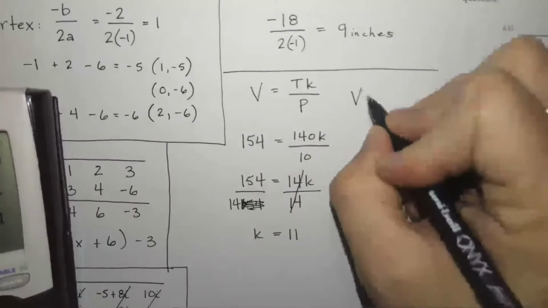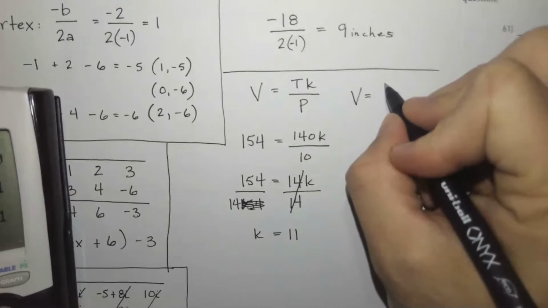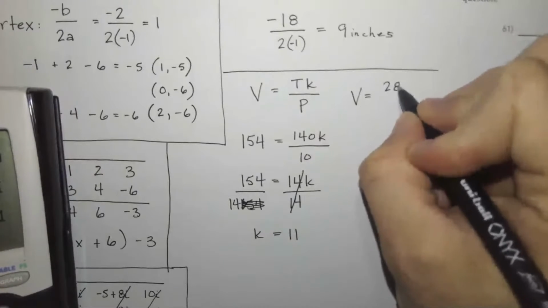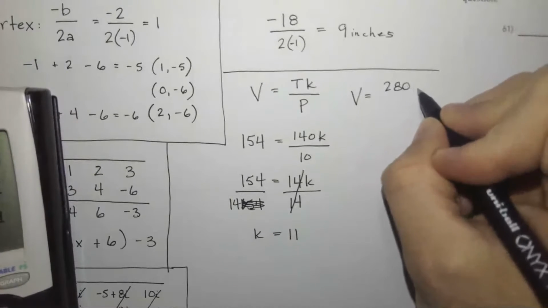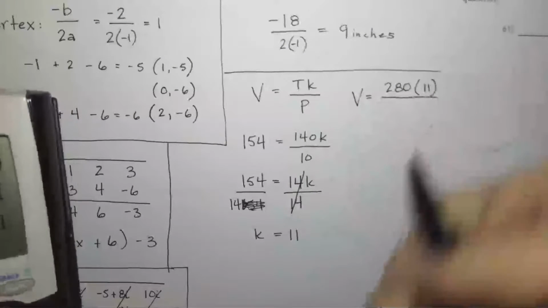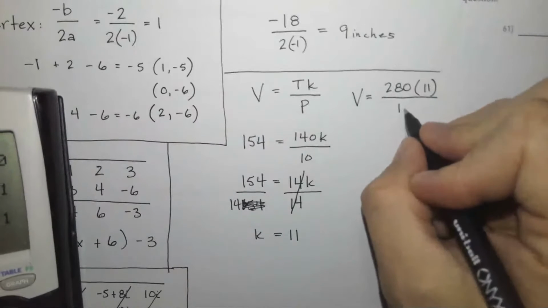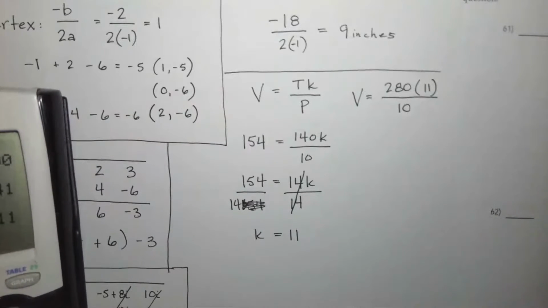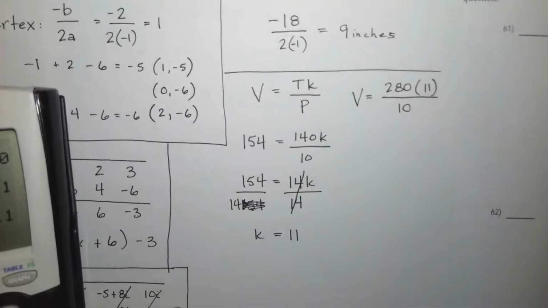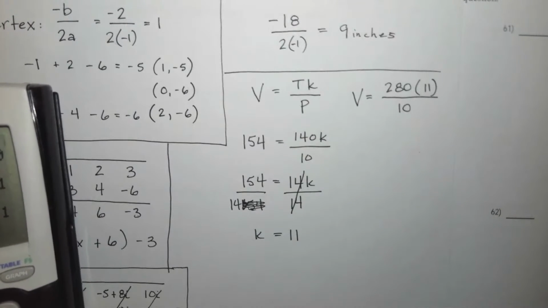All right, so now we can plug that 11 into our new one. So we're going to figure out what the volume is when the temperature goes up to 280. This is times 11. And then we're going to divide it by 10 again. Okay. So we do 280 times 11.